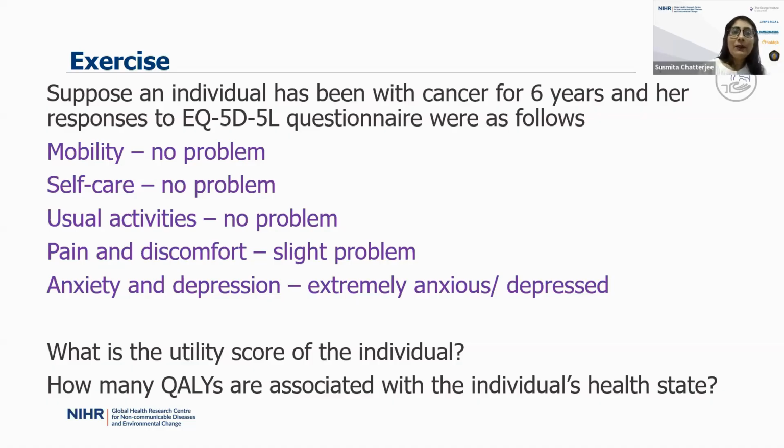And her responses to the EQ5D 5L questionnaire were as follows. Mobility, no problem. Self-care, no problem. Usual activity, no problem. Pain and discomfort, slight. Anxiety, depression, extremely anxious and depressed. What are the utility scores? And how many QALYs are associated with this?